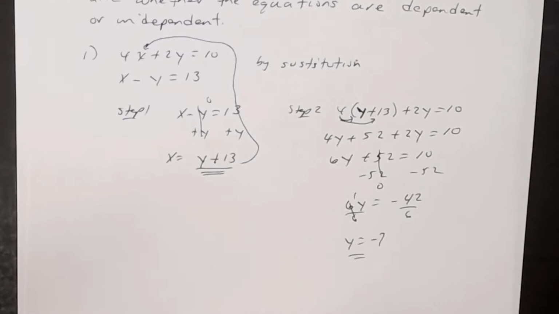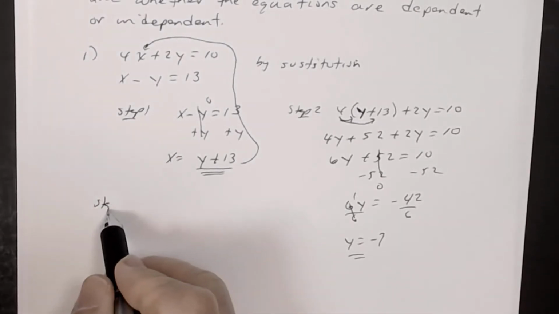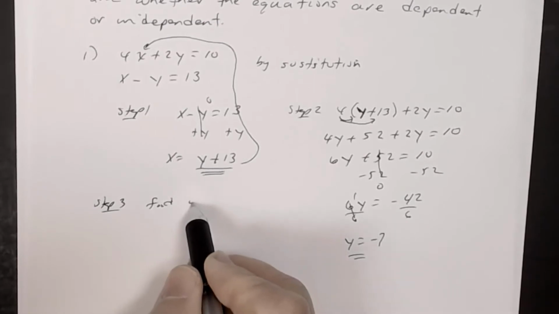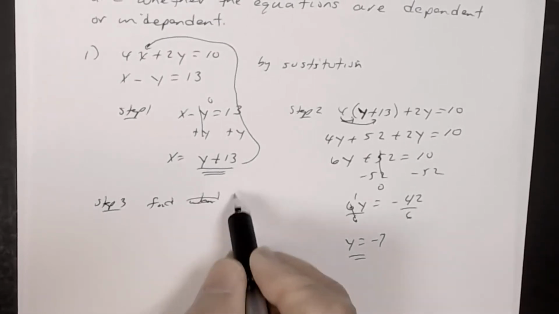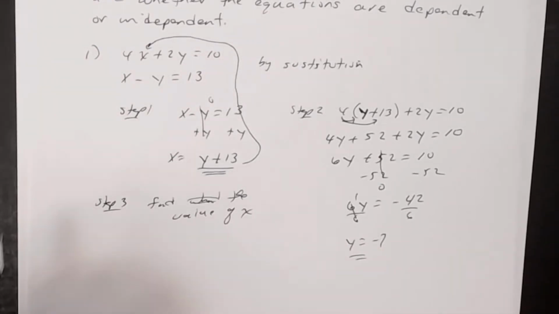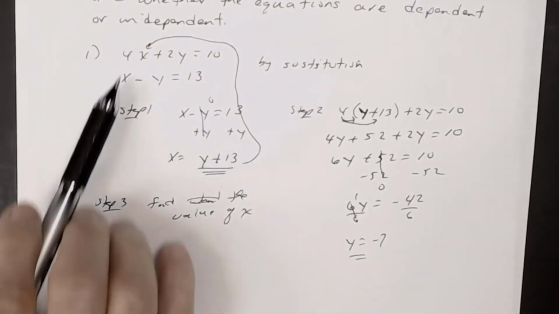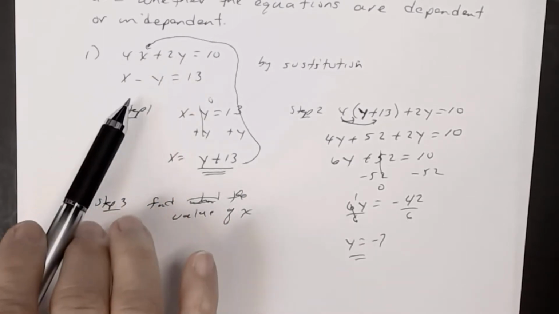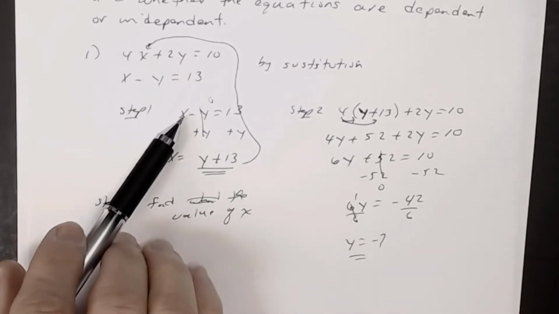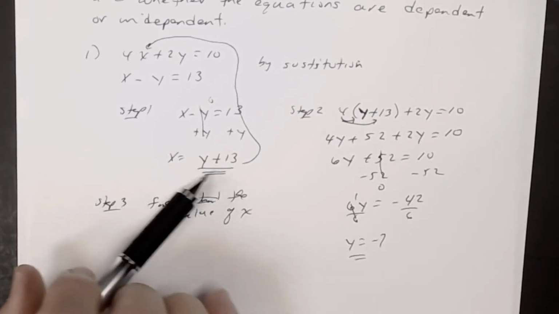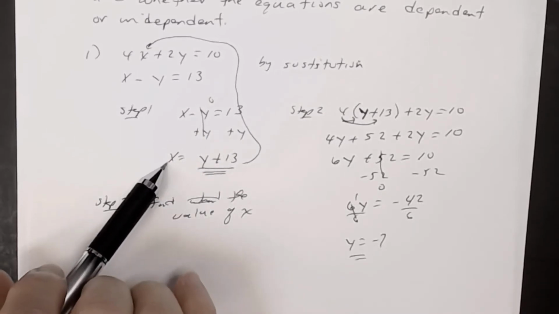Okay, so now step 3 is we have to find x. So find the value of x. It doesn't matter which of those equations you go back to. But if you feel you did step 1 correctly, then all I would do is go back to step 1, since we're trying to find x.